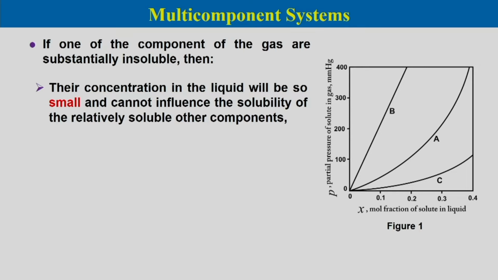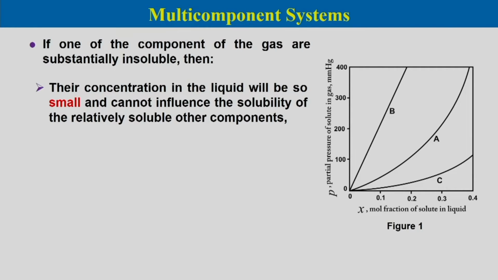So, if we have a two component mixture, like air and ammonia, ammonia is highly soluble in water, whereas the other components of air, like carbon dioxide, oxygen, nitrogen, have very low solubility in water. So, we call them inert with respect to ammonia, and their influence on the solubility of ammonia will be very little.